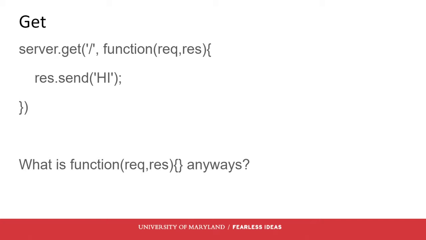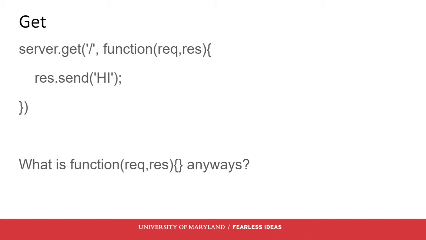So essentially this is what we did last time. We said server.get, the slash there, which is anything between those quotes is essentially everything that comes after the port. So localhost 3000 in our example slash is what this will respond to. And then we passed in a callback function that had request and response.